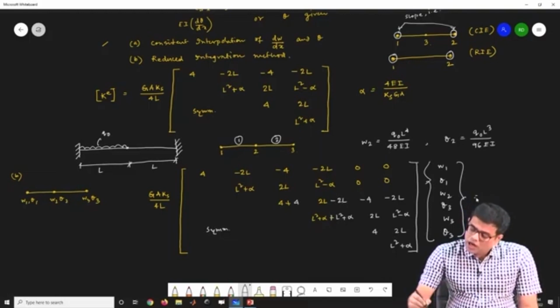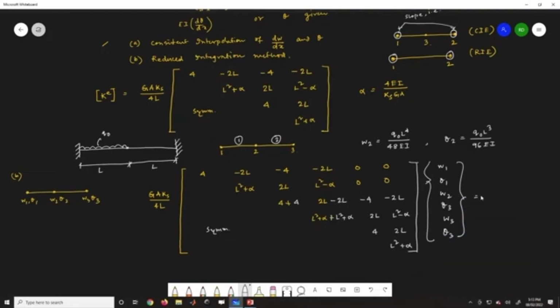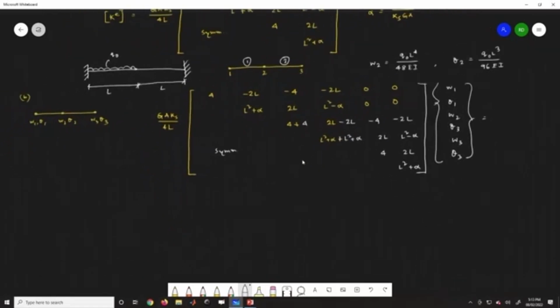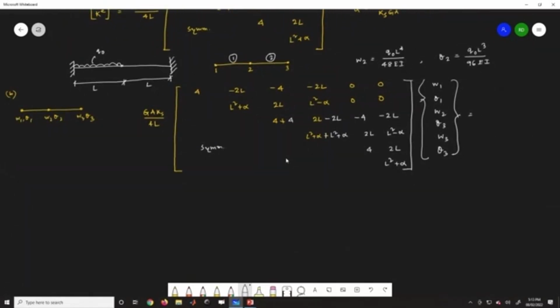Now there will be an associated force vector. For the first element we will have only the UDL, and the UDL will have only two components. So this is Q0 L by 2, the shear force, that is Q0 L by 2, and this is also Q0 L by 2.